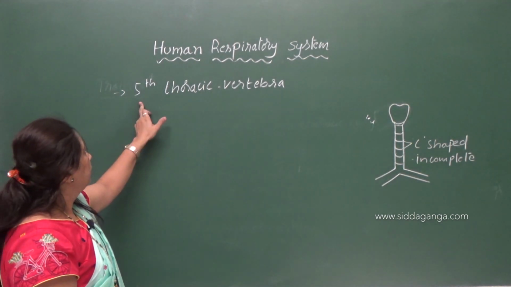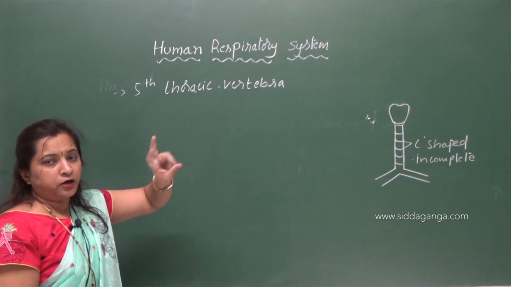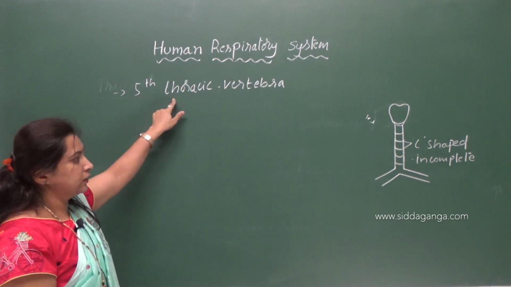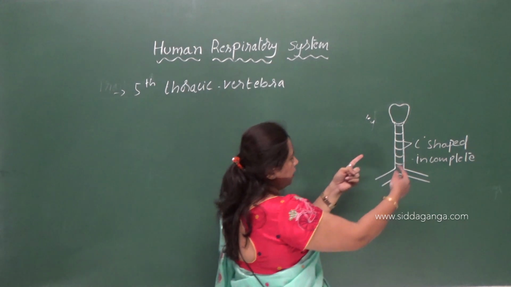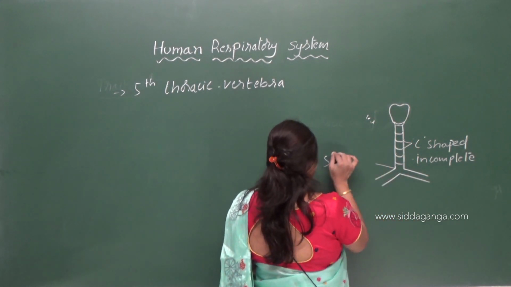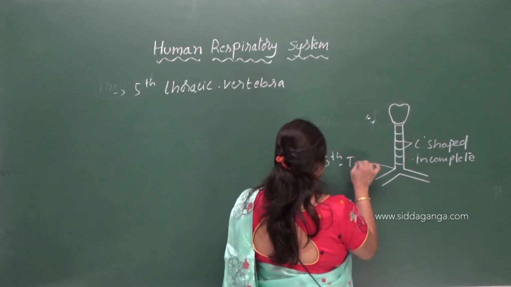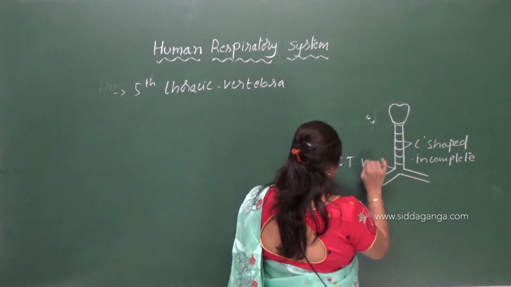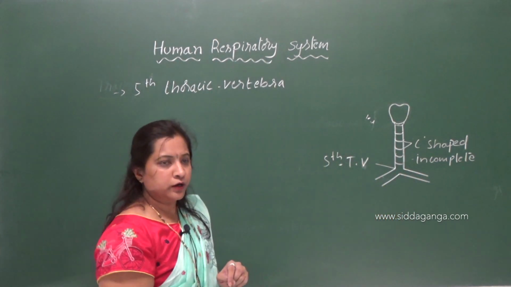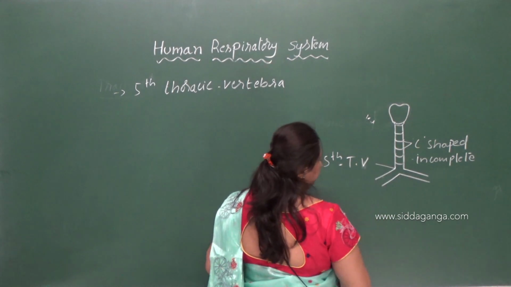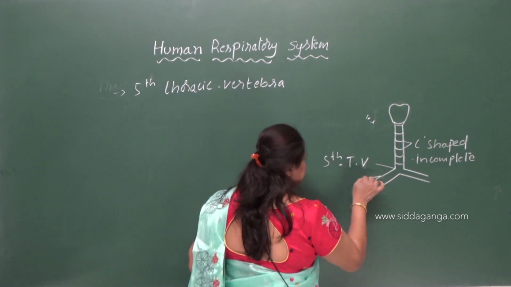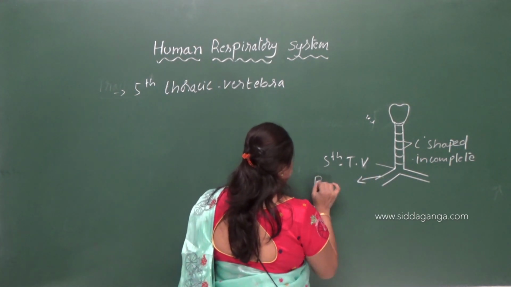In the thoracic region there are 12 vertebrae. At the level of the fifth thoracic vertebra, when the trachea comes to that level, it divides into two branches. What are these branches called? Primary bronchi.